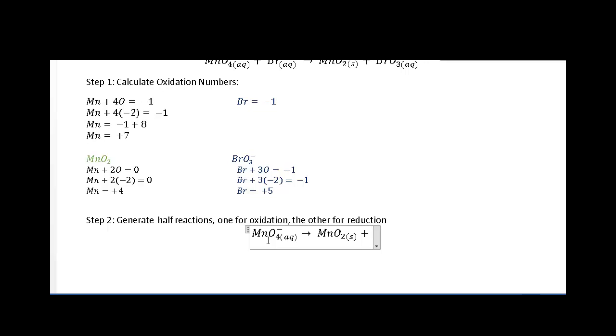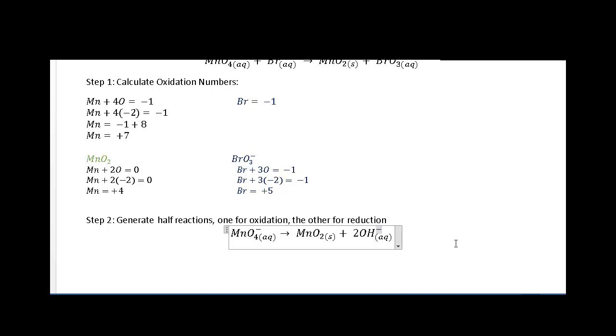I'm going to balance this with 2 hydroxide ions, and I'm going to put that on the product side. So my 2 hydroxide ions will balance out the oxygens. Now I have 4 oxygens on both my product side and reactant side. 2 plus 2 is 4.